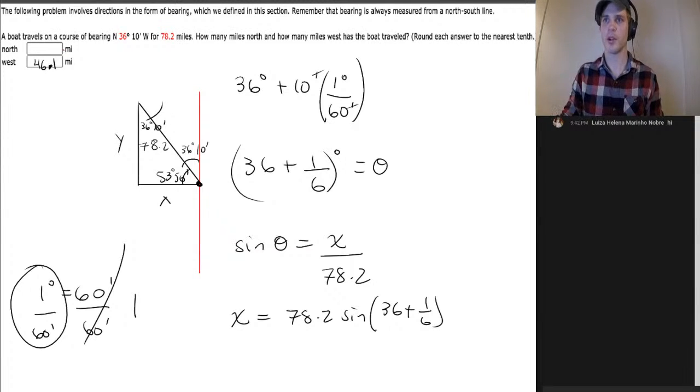Okay, 46.1. All right, so I just wanted to check I'm not using my normal calculator. And then we can make the cosine the y.